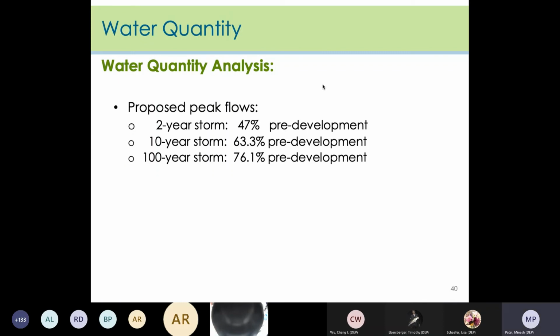The proposed peak flows for the site were 47% for the 2-year, 63% for the 10-year, and 76% for the 100-year storm. They got close to the water quantity requirement, but with considerations from all the input errors in the project that you just saw, we cannot confirm that they met the requirements for water quantity. The person who reviewed this project, they deemed it not correct, and we had to deal with things after for that.